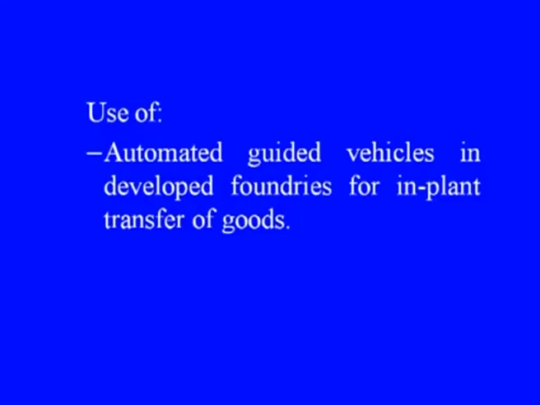Apart from robots, many other innovations and material handling devices are used in foundries. Some of these can be listed as follows. For example, number 1, the use of automated guided vehicles, also known as AGVs, in developed foundries for in-plant transfer of goods.